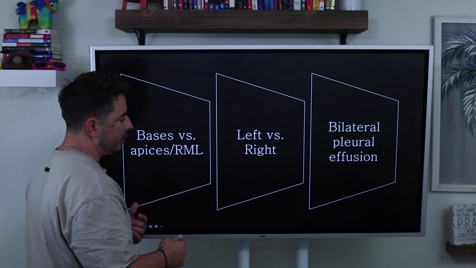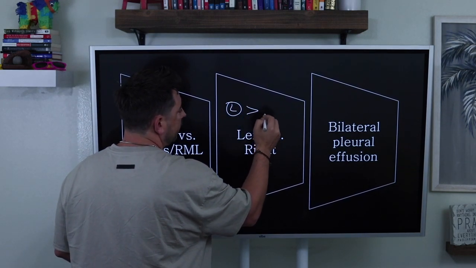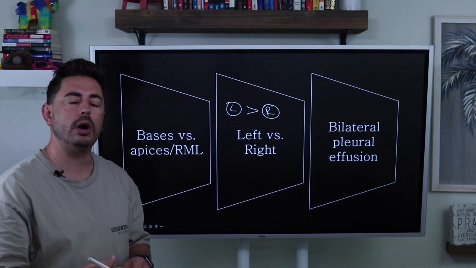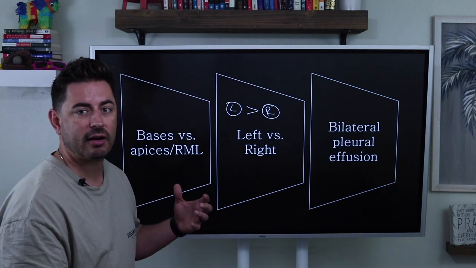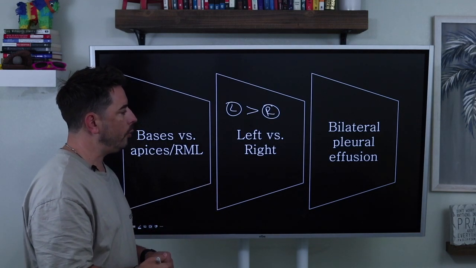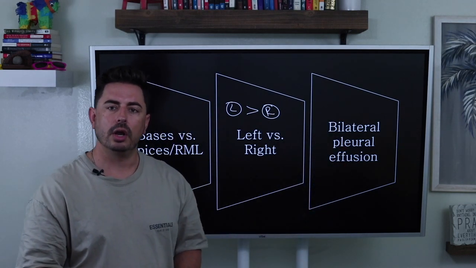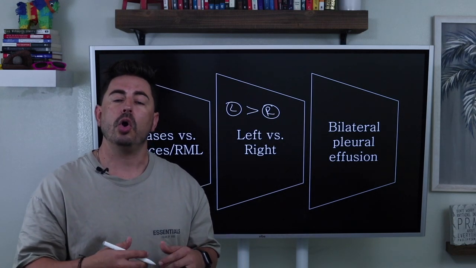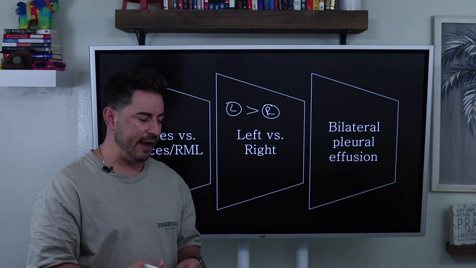I'm going to tell you that there are actually more lymphatics, more of a debris removal system, on the left side than on the right. So when we look at patients that have a bilateral pleural effusion, my question to you is, which side would drain faster?